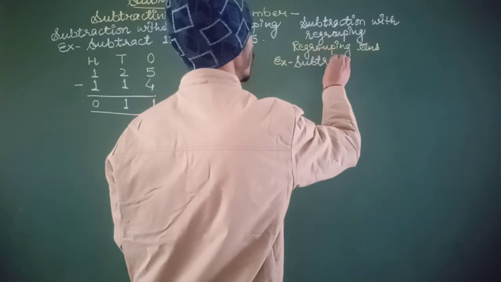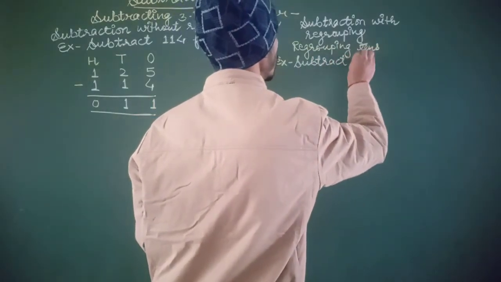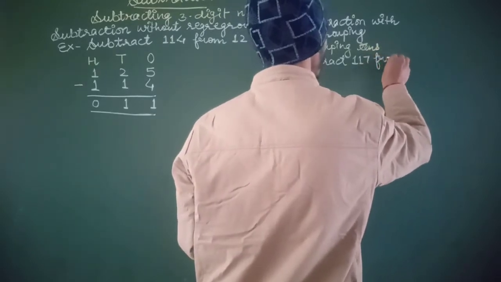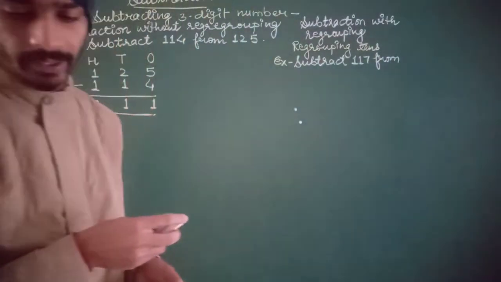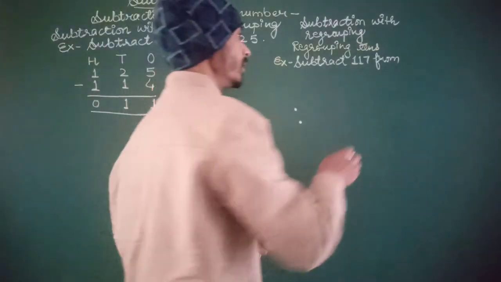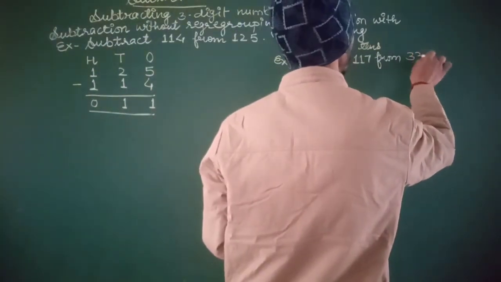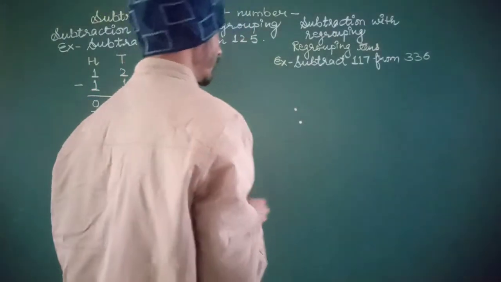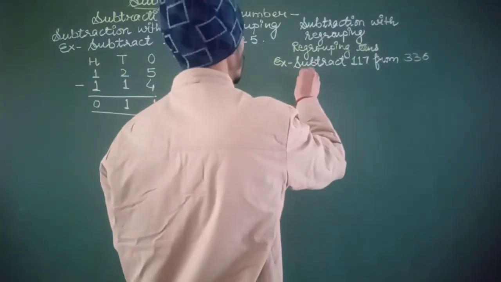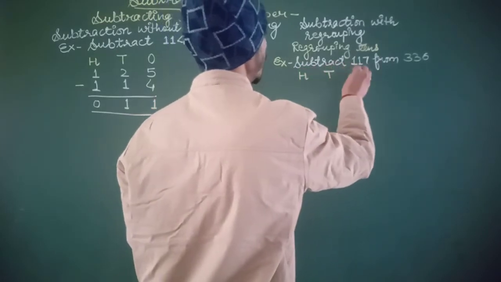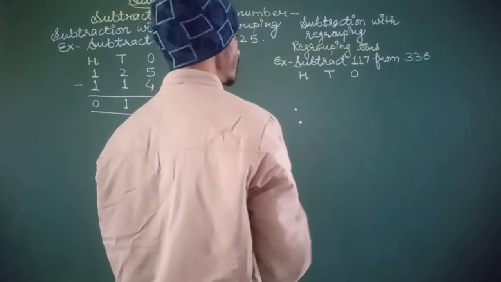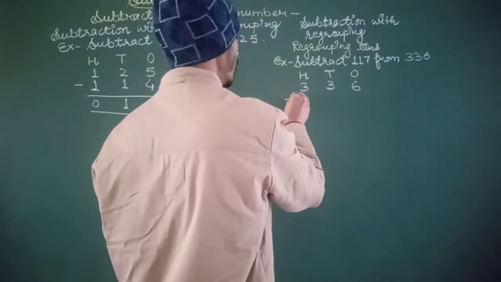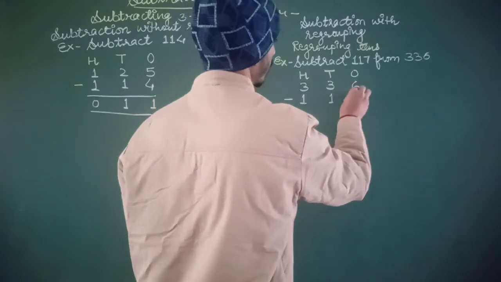Subtract 117 from 346. Writing in columns hundreds, tens and ones, that is 346 minus 117.